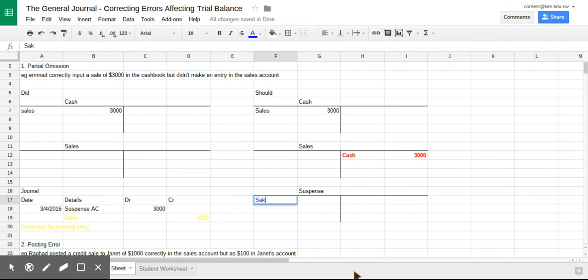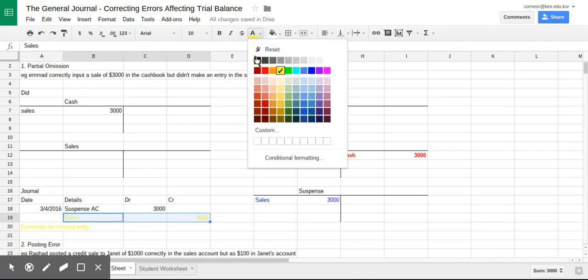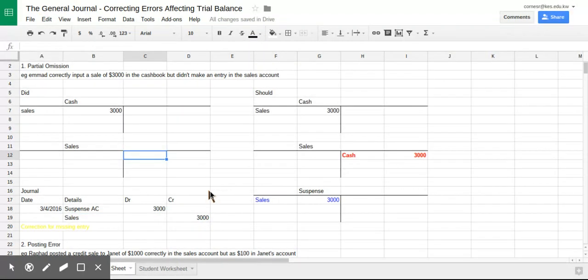And the other entry is going to sales, so I need to write sales here, and I'll put 3,000 in. In the sales account, I need to make a credit entry of 3,000. And again, I need to make sure I put a commentary in, so it's a correction of a missing entry.